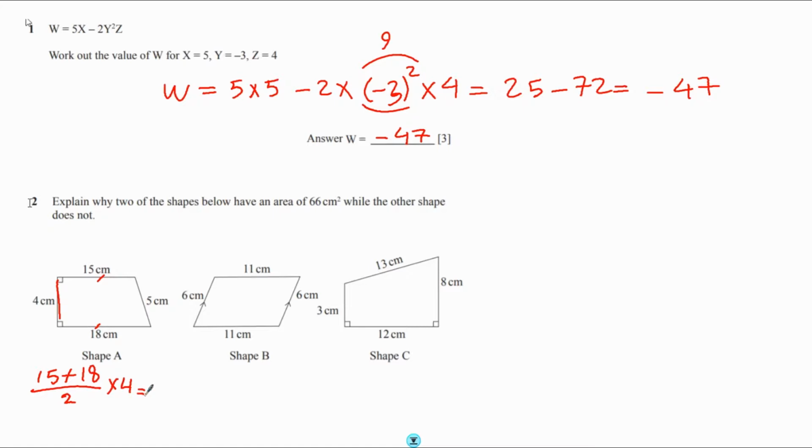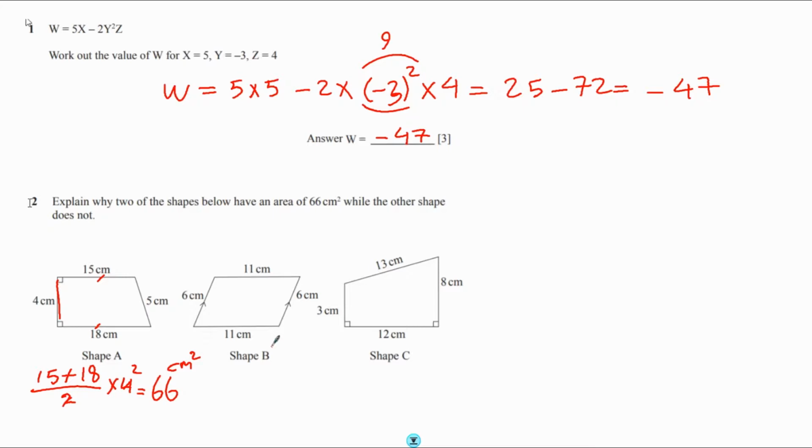If you look here, 2 and 4 simplify, so that would be just 2. 15 plus 18 is 33, times 2 is 66. I'm going to put centimetres squared just to show that that's the surface area.